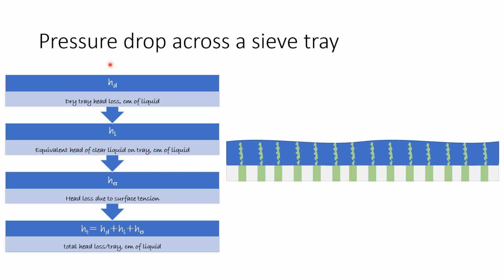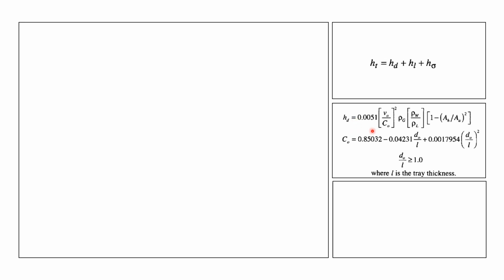So let's see how we can calculate HD, HL, and H sigma. The total head loss is the summation of the head losses due to the three reasons for pressure drop. So HD can be calculated using this correlation, which is mainly a function of V naught.